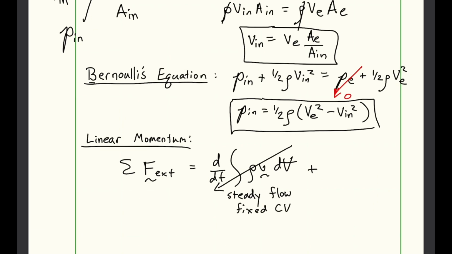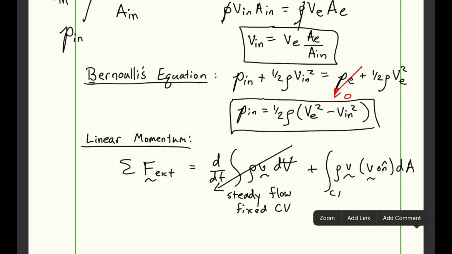But there's another term that involves the inlets and outlets: rho times V dot n dA. And again, our control volume is fixed, so I'm not even going to bother to write the relative velocity here. This is just the velocity of our fluid, dotted with the outward facing unit normal. We'll integrate that over our control surface.